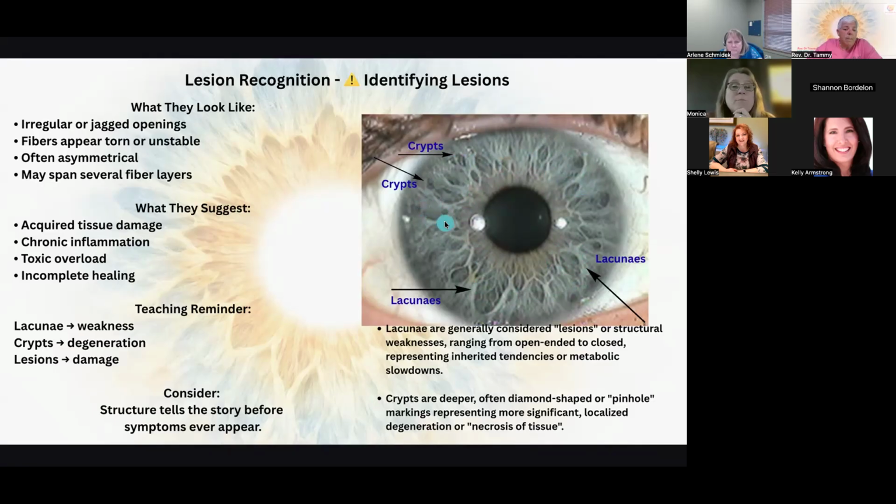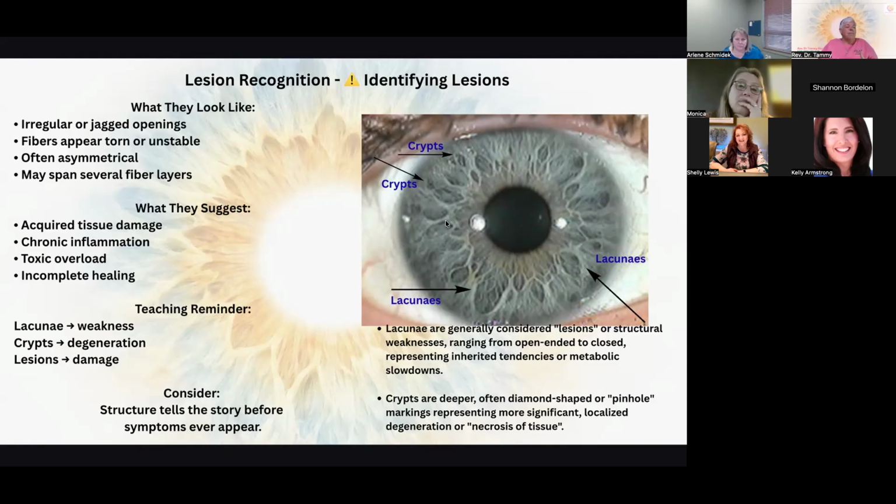If you had to put them in order of priority, would that be a lesion, then a lacuna, and then a crypt would be the not good thing? Well, it would really depend on the case history, who you were dealing with, because you may have to deal with the lacuna first, depending on where it is in the body.